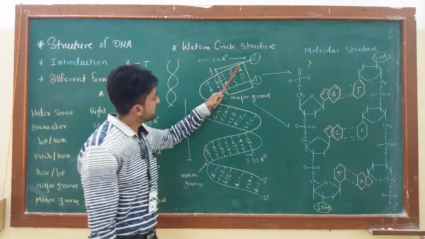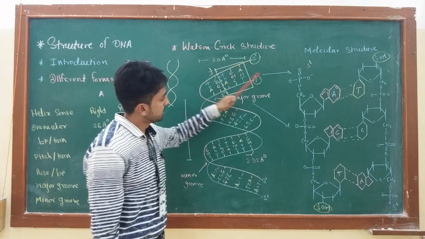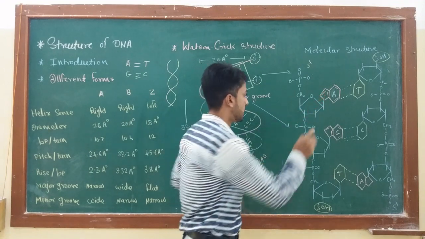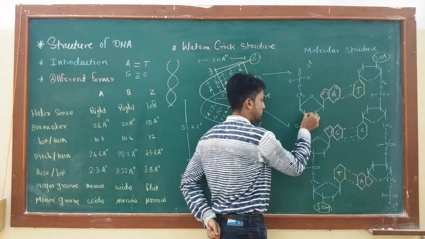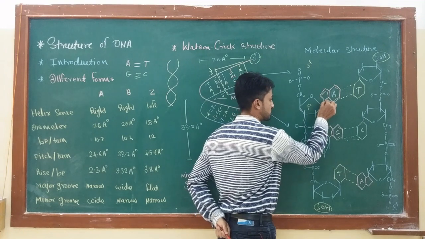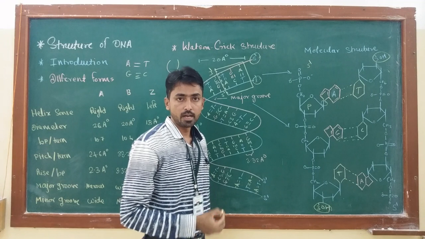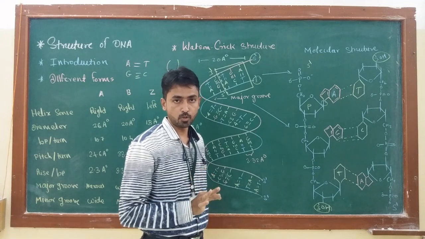Okay, so the first nucleotide, that is adenine, you can see here. It is a purine, so it is a double ring structure attached to the pentose sugar by glycosylic bond. This is glycosylic bond. In my previous video, I discussed in detail the structure of nucleotide.